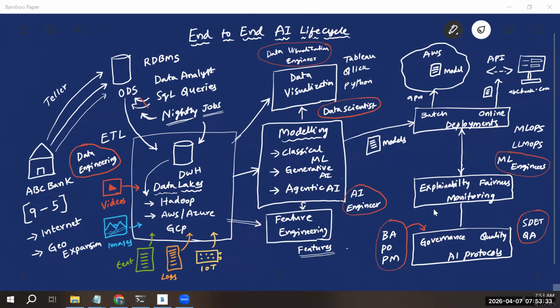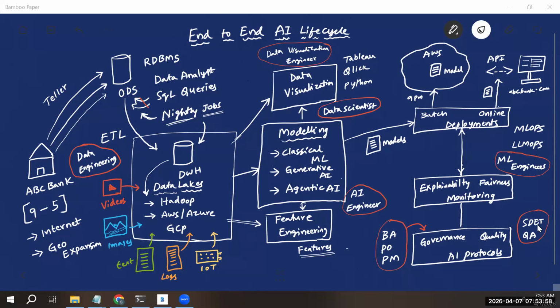So anyone from a testing background, as I said, you become the AI tester first. Don't jump into machine learning engineer or AI engineer immediately. Please focus on the AI roles. And believe me, 4 years back, I created a role called ML tester. Back in those days, there was no ML tester.